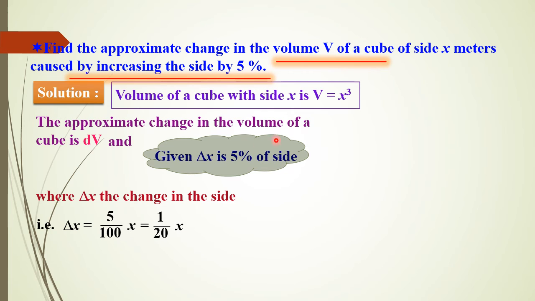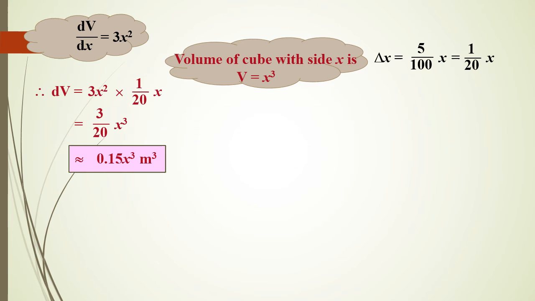Next, volume of a cube. v is called the volume of a cube, when it is increasing approximately with respect to x, it can be written as delta v divided by delta x is equal to 3x square. So delta v keep there only, x cube differentiation is 3x square, delta x you multiply on the right side. After this you will be getting this much. Next, delta v equal to 3x square, 1 by 20 into x into delta x.